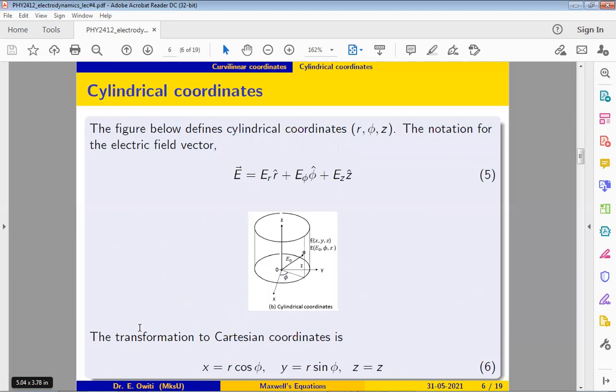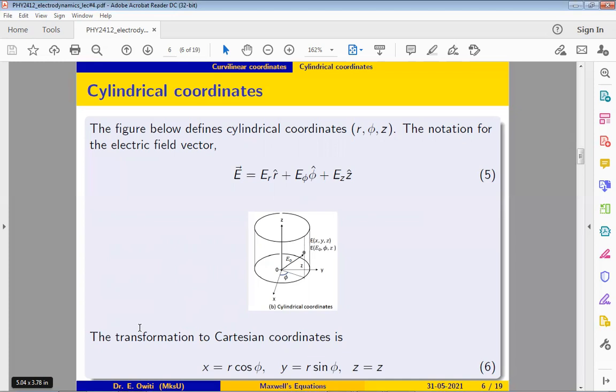For example, an electric field can have three components, E_r, which you can relate to E_x in the Cartesian coordinates, then E_phi, which corresponds to E_y, and then E_z.